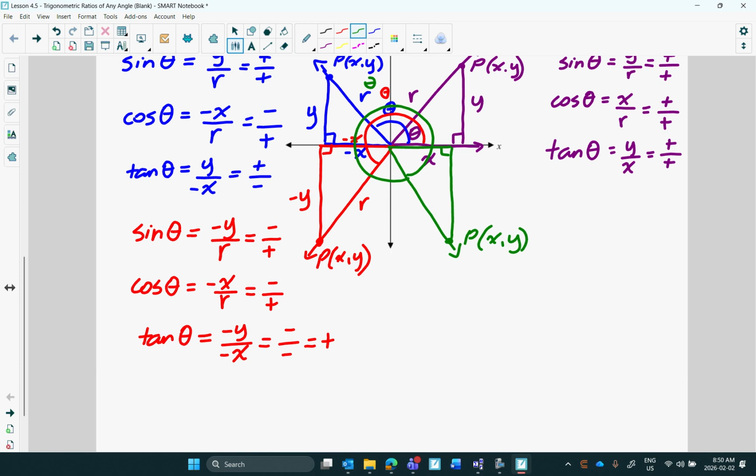So what would this be? Positive x. So back to positive x. What would this be? Negative y, and then this would be r.